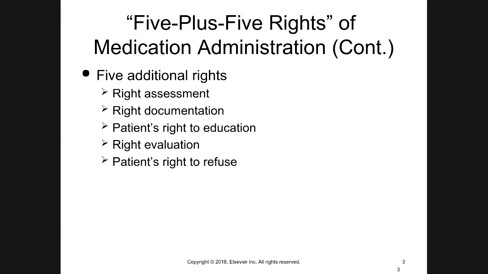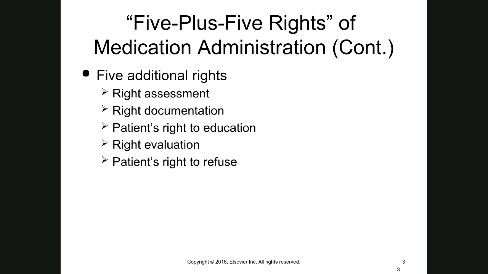The nurse following these guidelines will give the right patient, the right drug, the right dose, via the right route, at the right time. The +5 refers to the 5 additional rights that have been recommended: the right assessment, the right documentation, the right education, the right evaluation, and the patient's right to refuse.